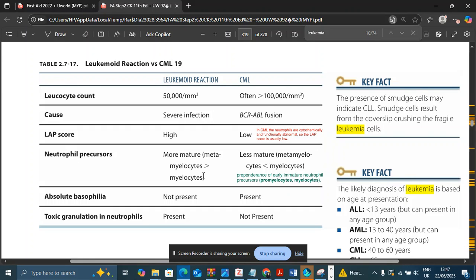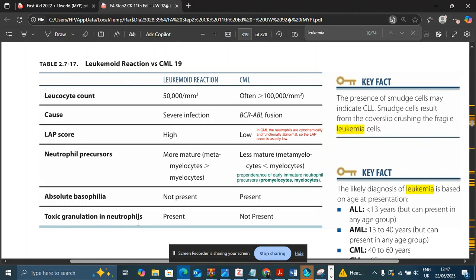Basophilia we never see in leukemoid reaction. Basophils we see in CML. In the First Aid line for CML, it says in the peripheral smear we will see neutrophils, metamyelocytes, myelocytes, and basophils, but myelocytes will be more than metamyelocytes in CML.